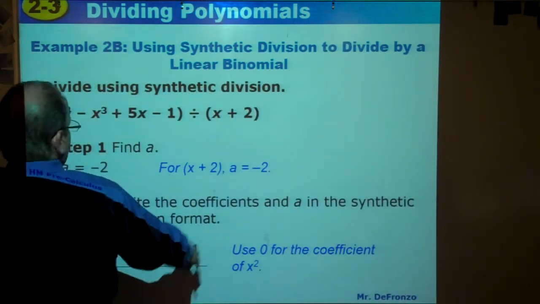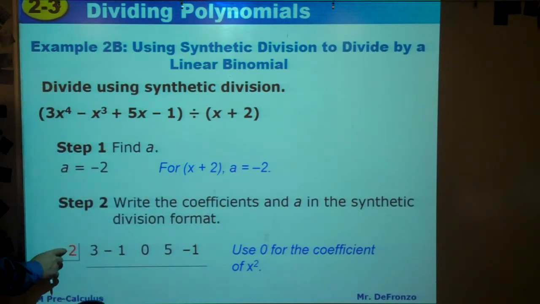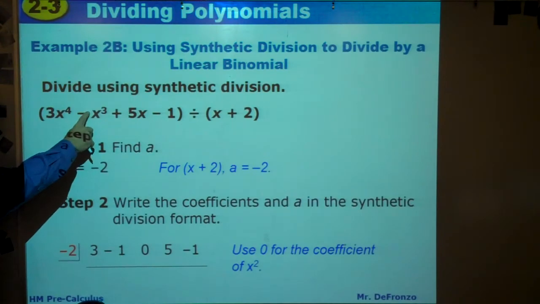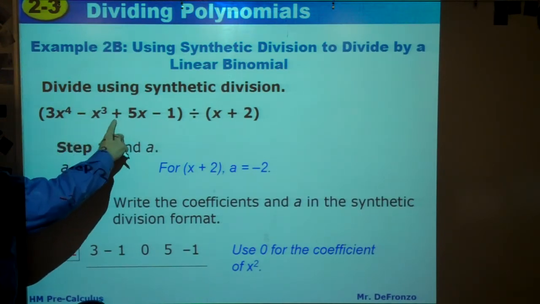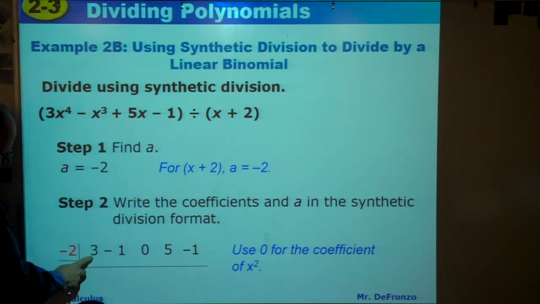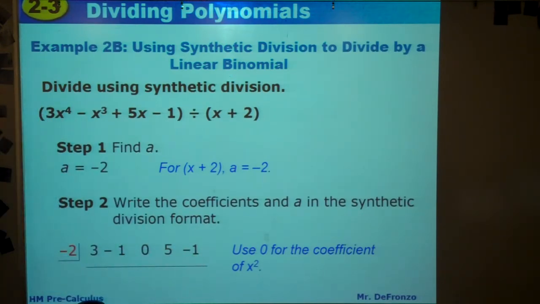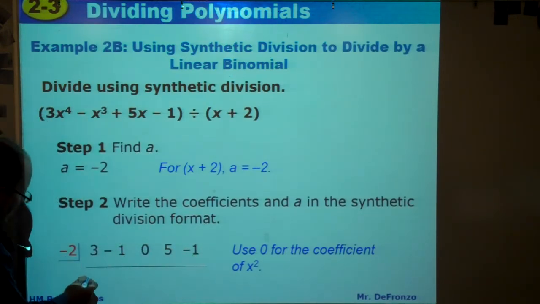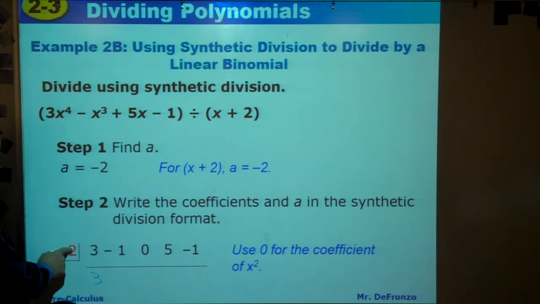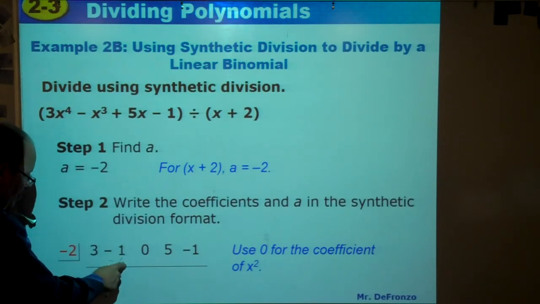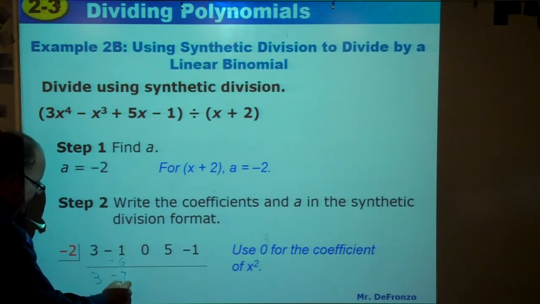So when we copy this down, we put our a, negative 2, then we have 3, negative 1, 0, 5, negative 1. Now we're ready to go. Drop this number down, 3. Negative 2 times 3 is negative 6. Combine these, negative 7.